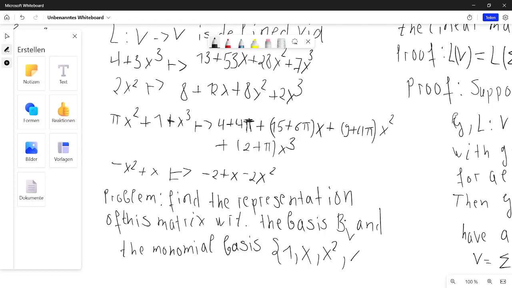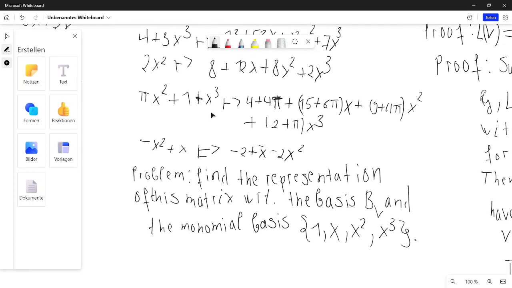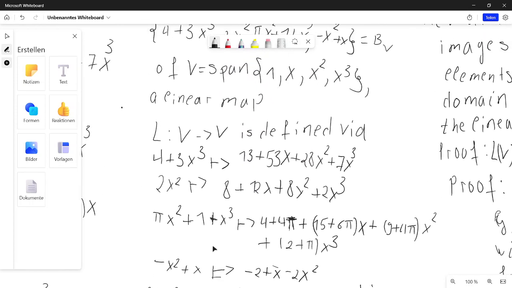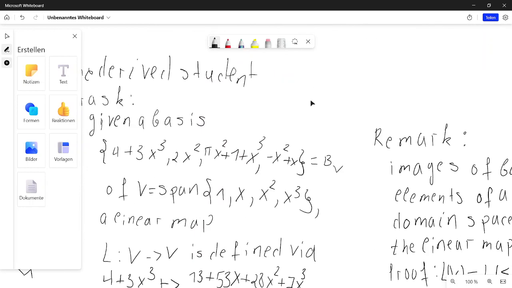Then this task is straightforward, right? And deriving this task, I had even more work than you have to do, because now you just apply the procedure above.